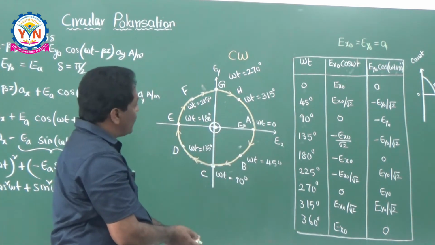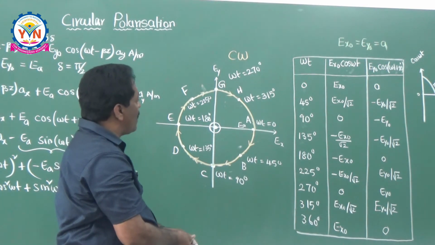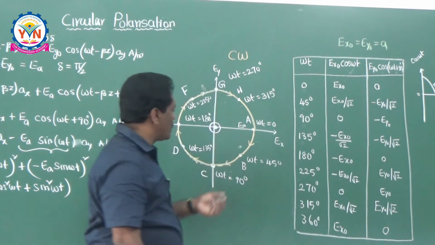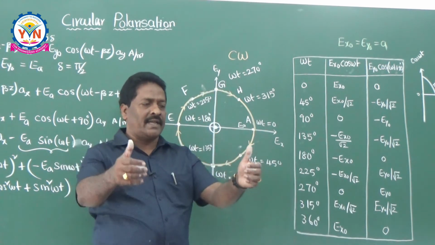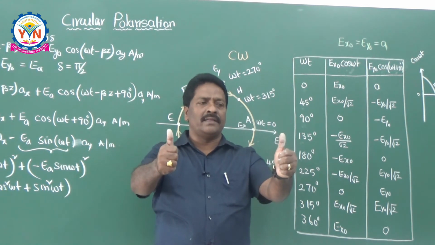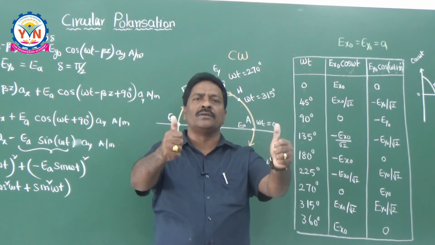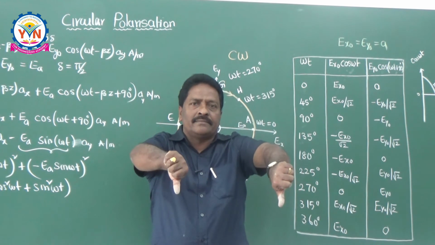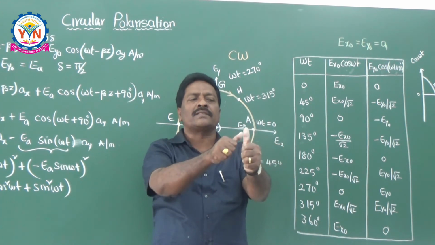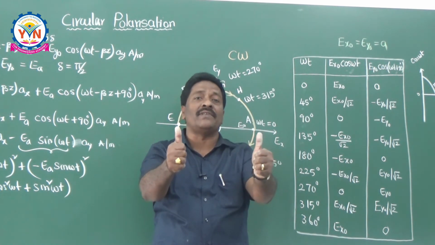Now I can say whether it is left circular or right circular. Now listen, take these hands like this. Out means coming out, in means going in. This thumb indicates the direction of the wave.